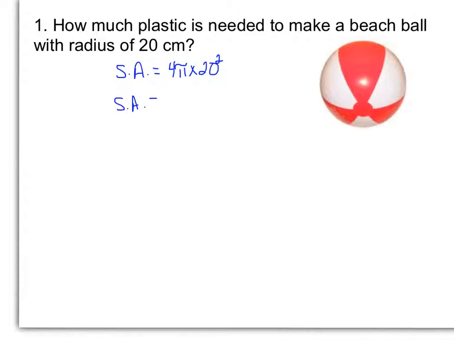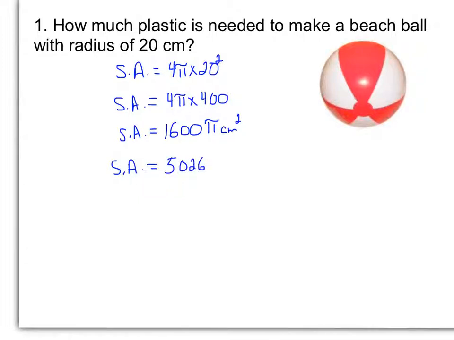So surface area equals 4 pi times 400, or 1600 pi centimeters squared. And if I wanted to round that to the nearest tenth, that'd be about 5,026.5 centimeters squared.